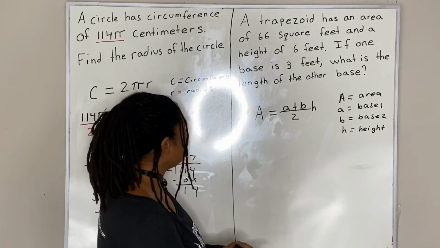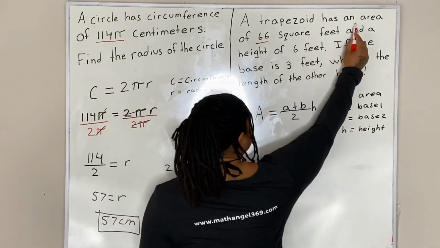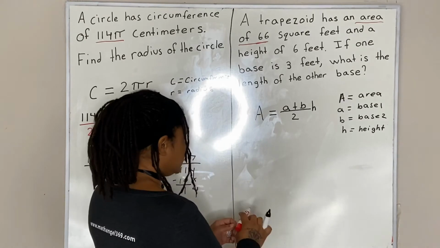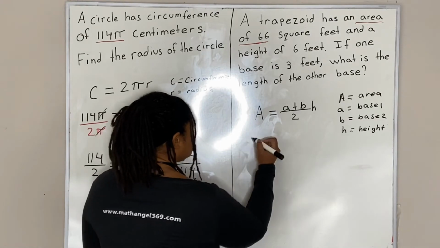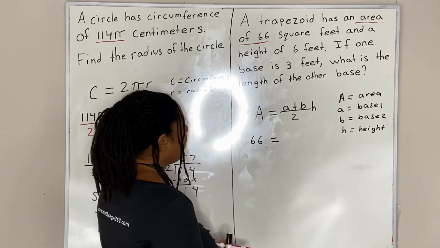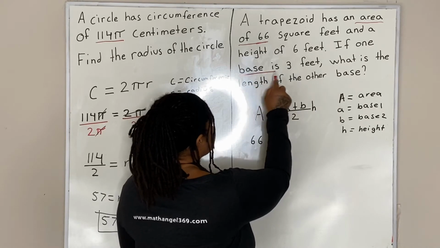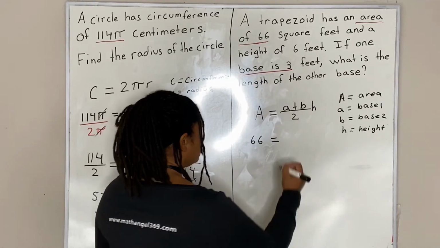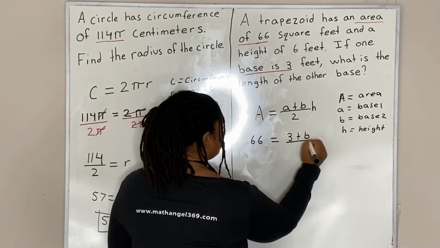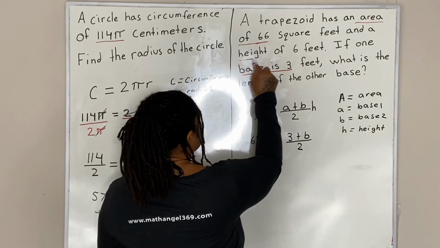So we are given area. So we're going to plug in 66 for area. And we're also given one of the bases. So we have 3 plus b over 2, and we're also given height.